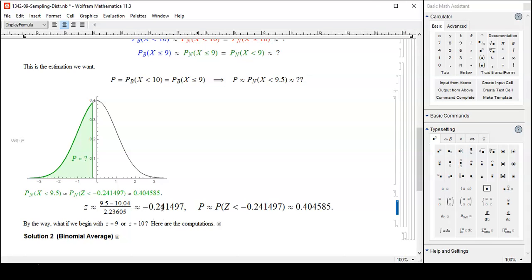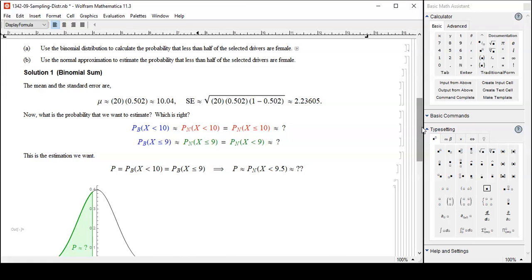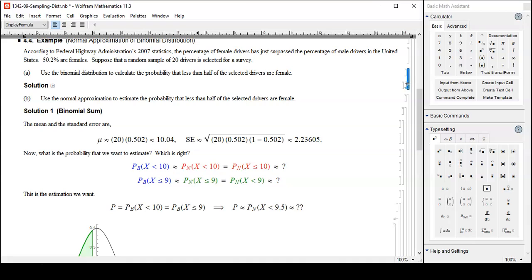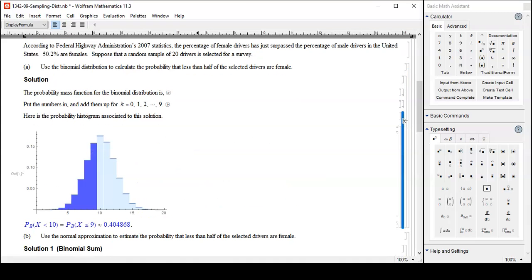And then get the computation, look up the z-table up to 2 decimal digits, and do your computation. You get an approximation that is actually pretty good. 0.4045, that's what I got. And compare that with the binomial computation that we did before.